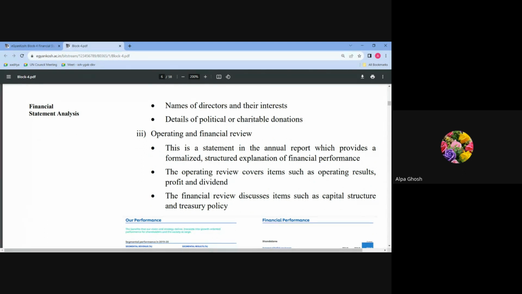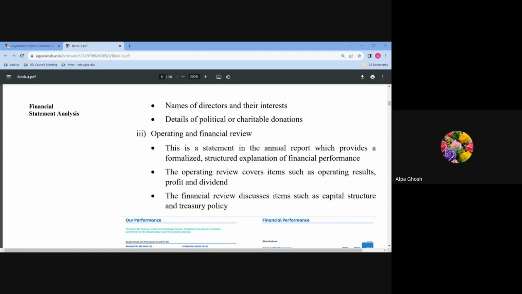The third part of the report contains the operating and financial review. After the directors' and chairman's appreciation, the operating and financial review is the statement made in the annual report that explains the financial performance of the company.